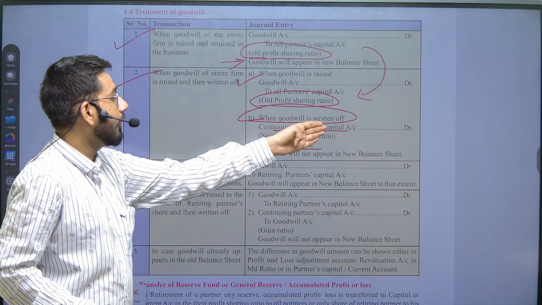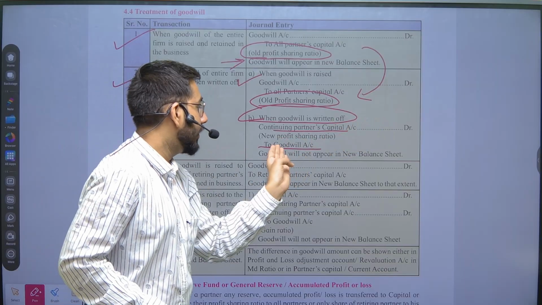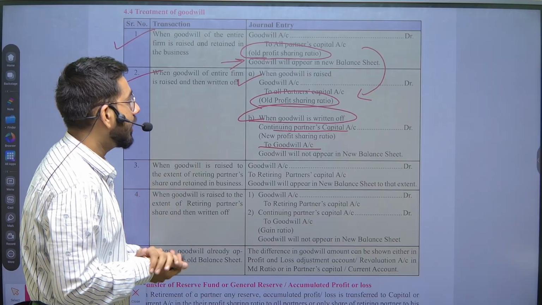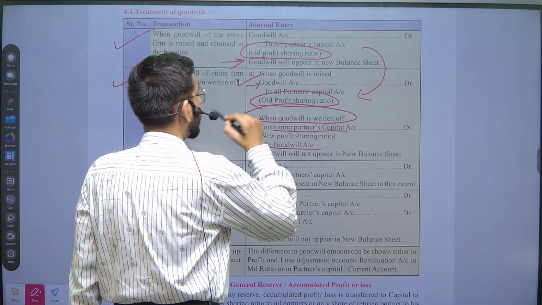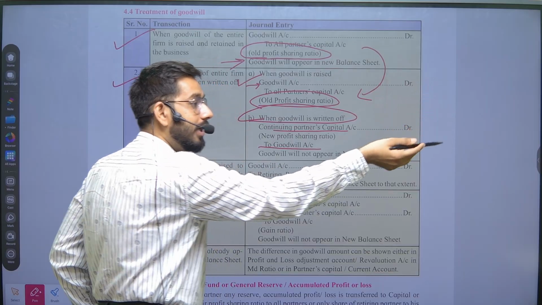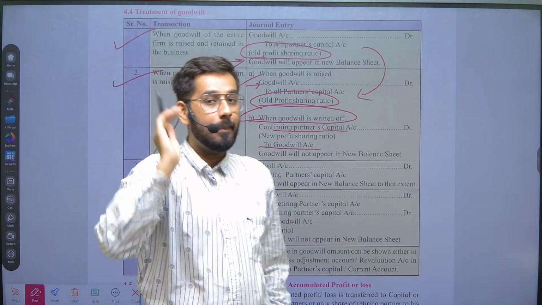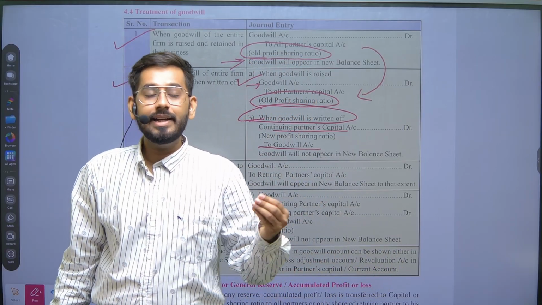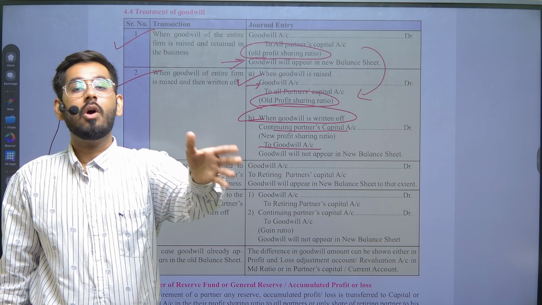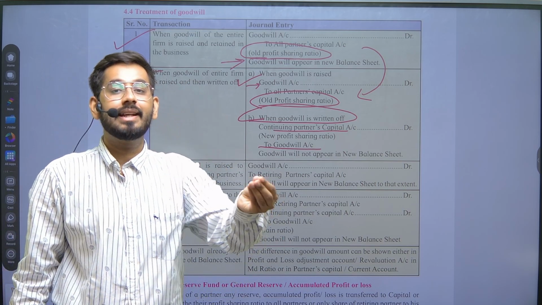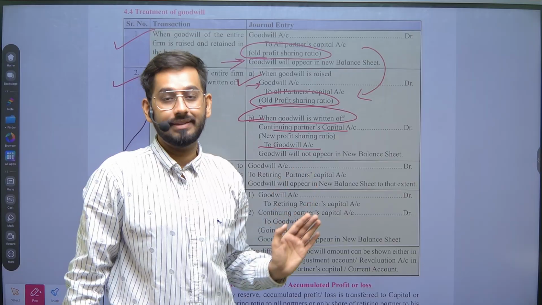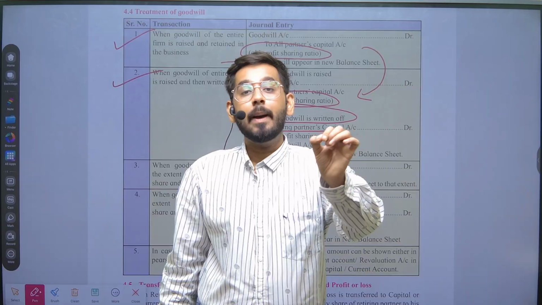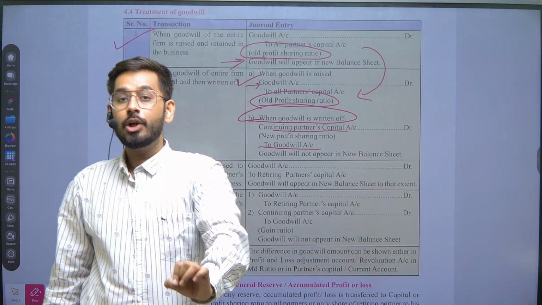The most important point is, when goodwill is raised it is shown on the credit side of partners capital account, because goodwill is an asset and it will be fruitful for all the partners if it is raised or retained in the business. But in case of write-off, depreciation means a loss.